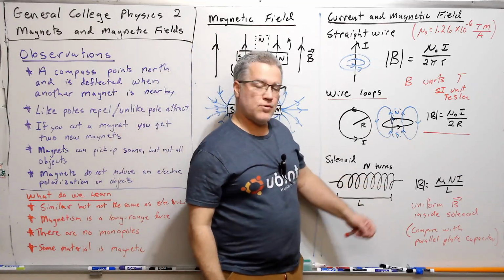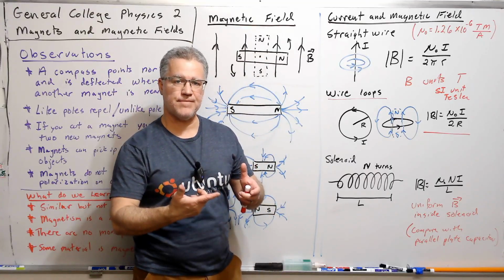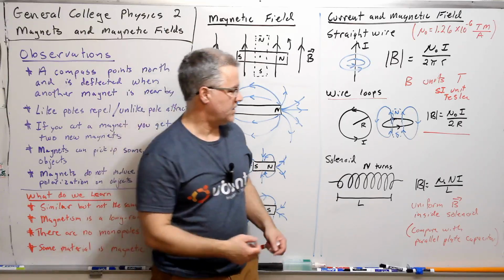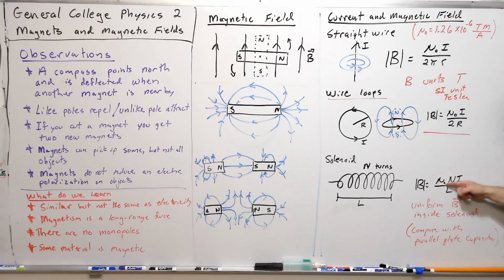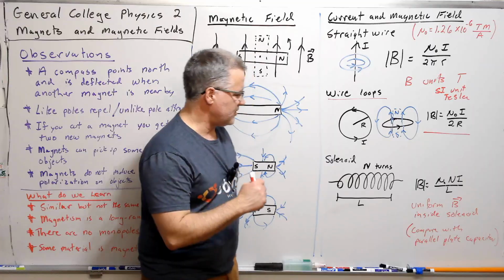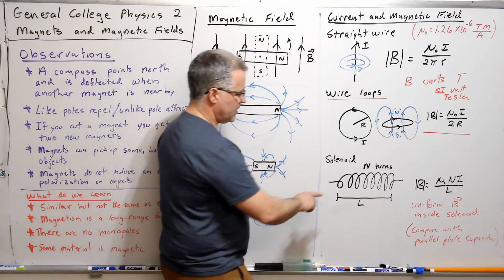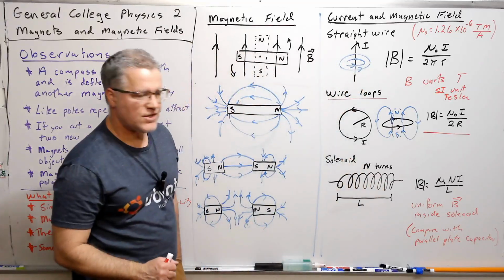And the field strength will be proportional to that circular density, and also the current, of course. So we see here N over L, the magnetic permeability, and then the current. And it's counterintuitive for me too. Notice the radius drops out here, so we don't have to worry about the radius of the solenoid, just that turn density.